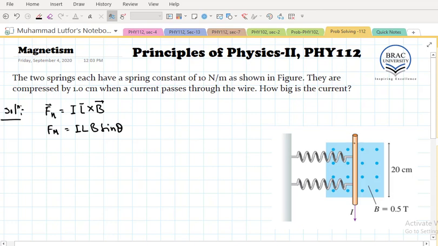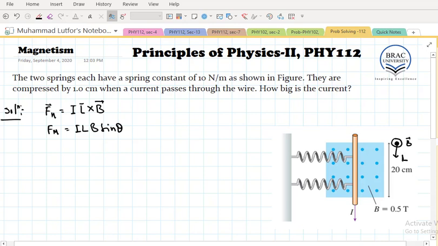If you think about it, L is the length of this wire, which is in the downward direction, and the magnetic field is out of the screen. Then the angle between these two vectors is 90 degrees. I can draw it in that form.